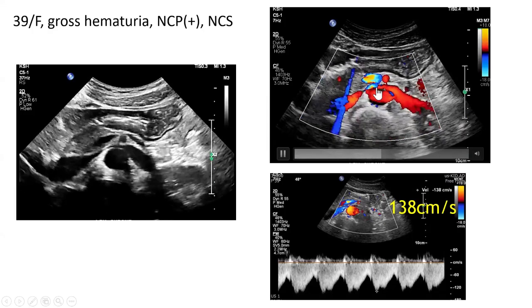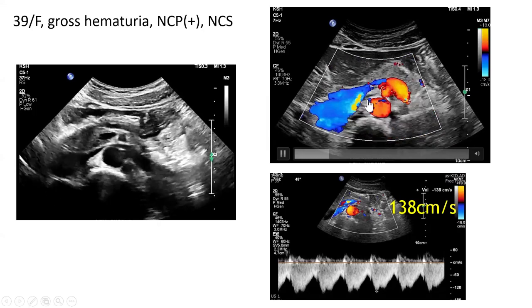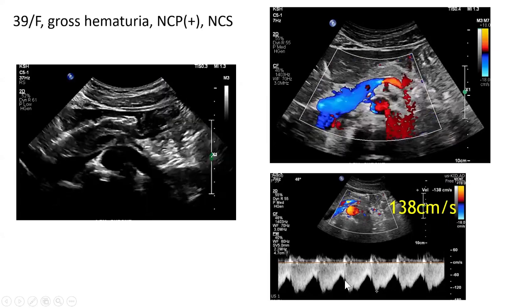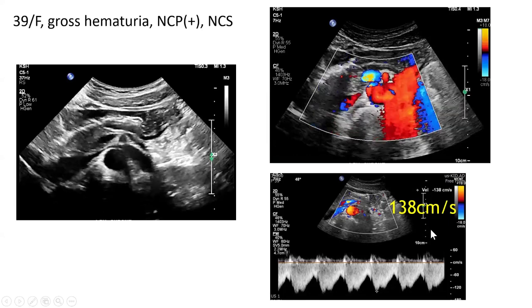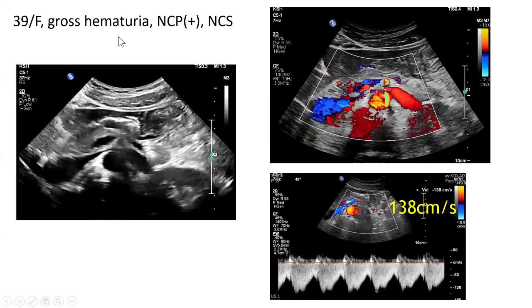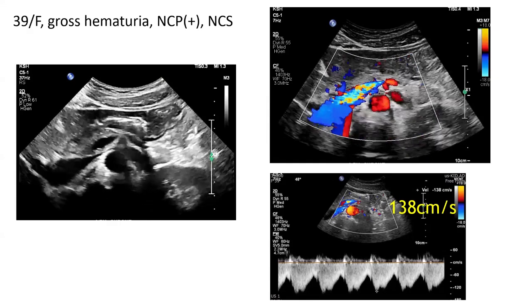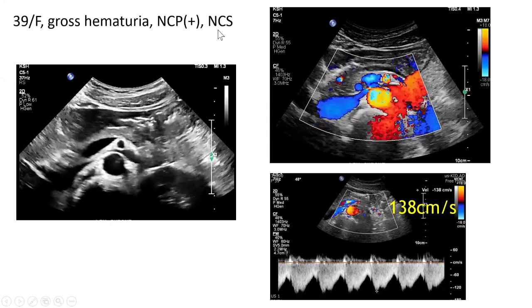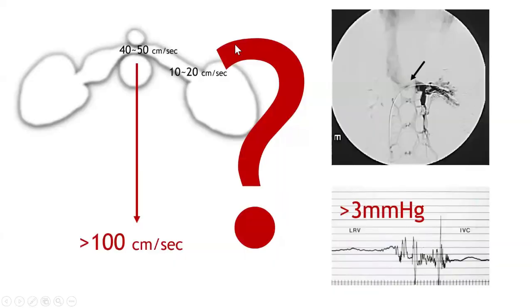This left renal vein shows intermittent high velocity flow here, and the spectral Doppler ultrasound shows the velocity was 138 maximum. In this patient with gross hematuria, there was no other cause of hematuria, and a definite nutcracker phenomenon was there, so we can make a diagnosis of nutcracker syndrome.